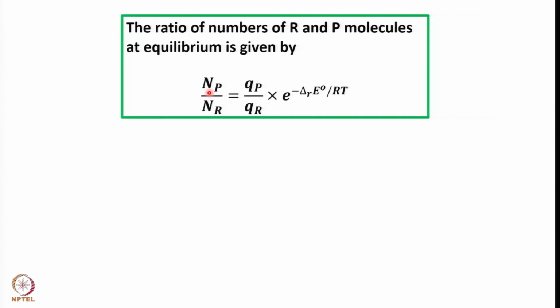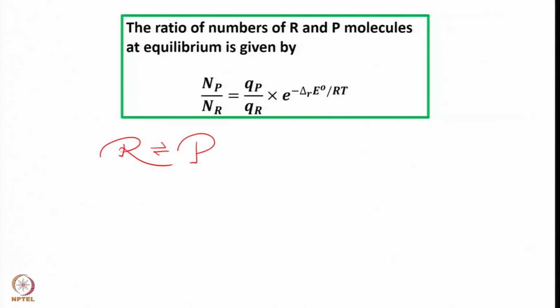So if I know this ratio Np by Nr, then I can get the equilibrium constant. I am going to show that this ratio is equal to Qp divided by Qr into exponential minus delta E naught by RT. Let me take you back. The reaction that we are talking about here is R in equilibrium with P.